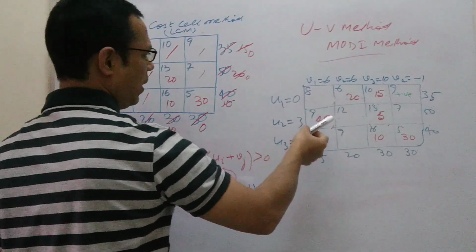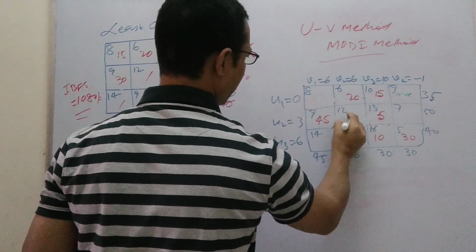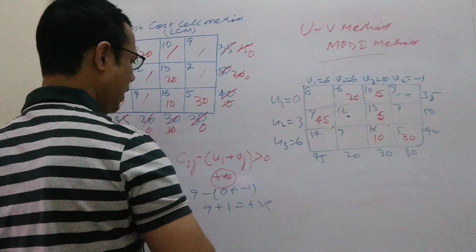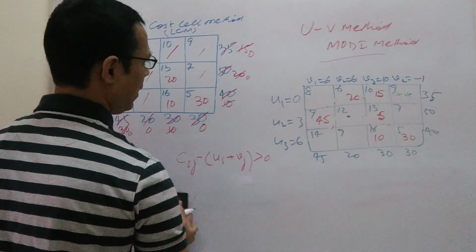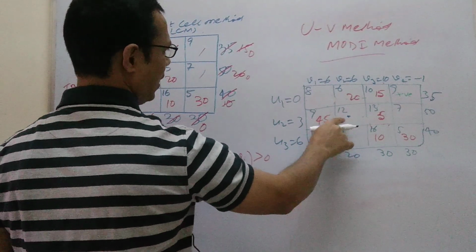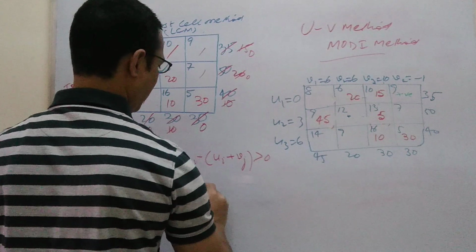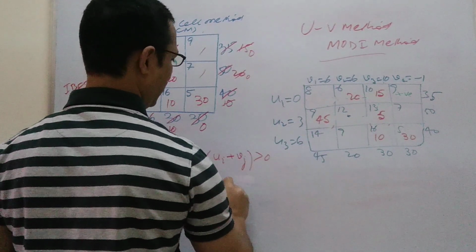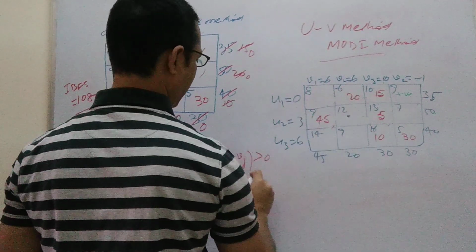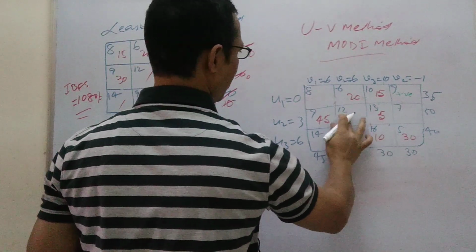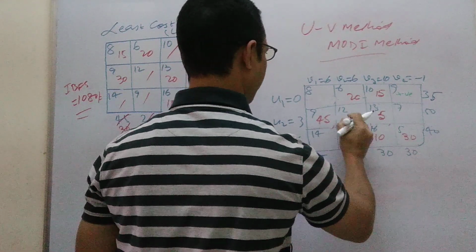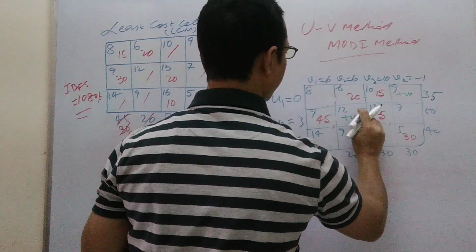Okay, so now for this cell, what is Cij? For this unallocated cell, Cij is 12. This is the cost. Ui 3 plus Vj 6, so 12 minus 9, positive. So here also it gives positive. Just write positive.